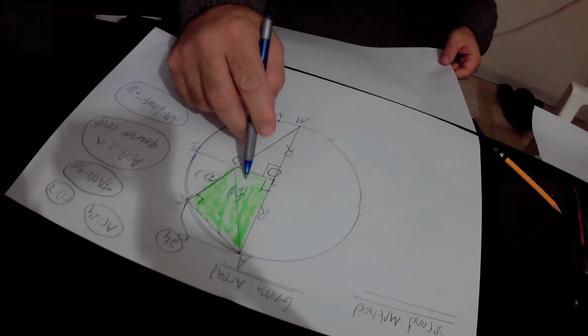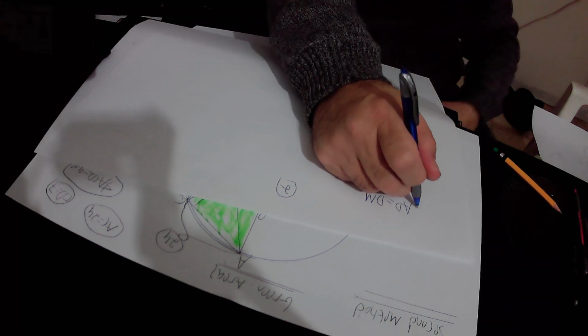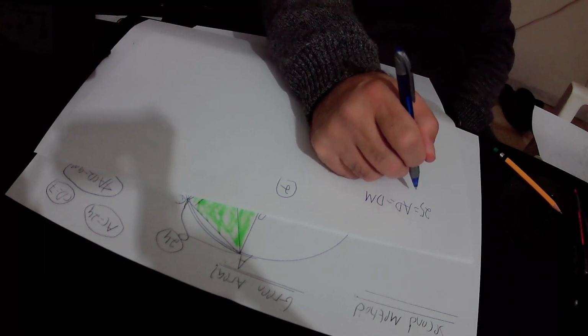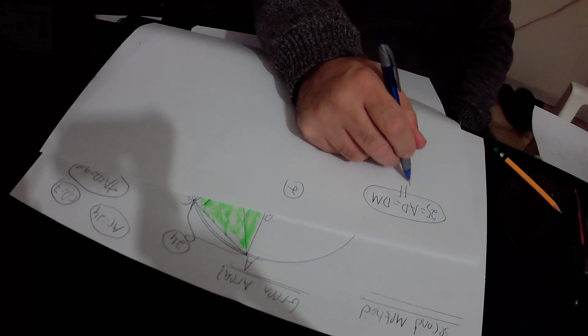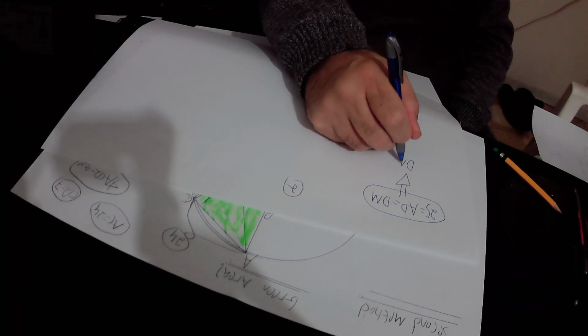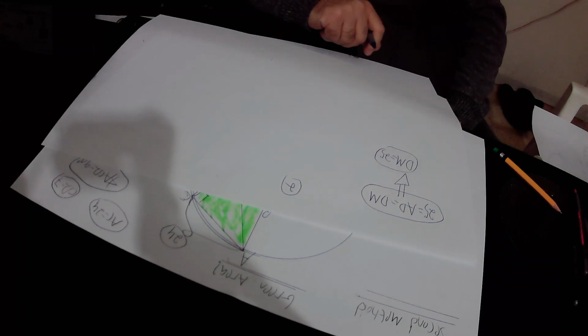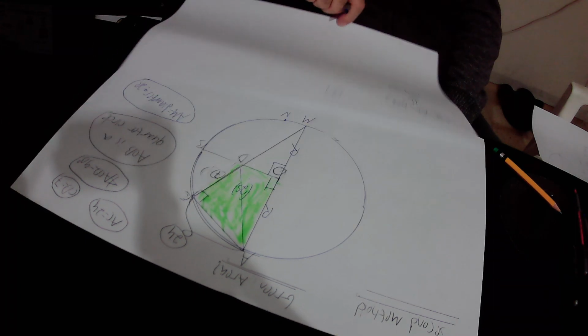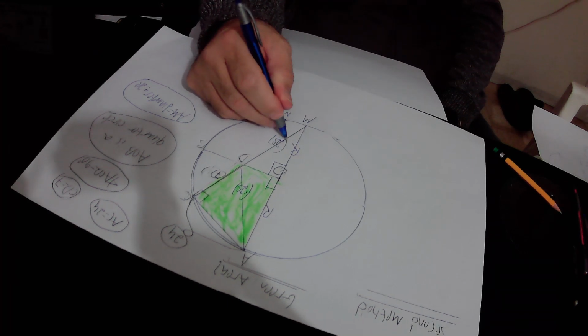But AD equals 25 units, so 25 equals AD equals DM. We will derive that DM is also 25 units in length.